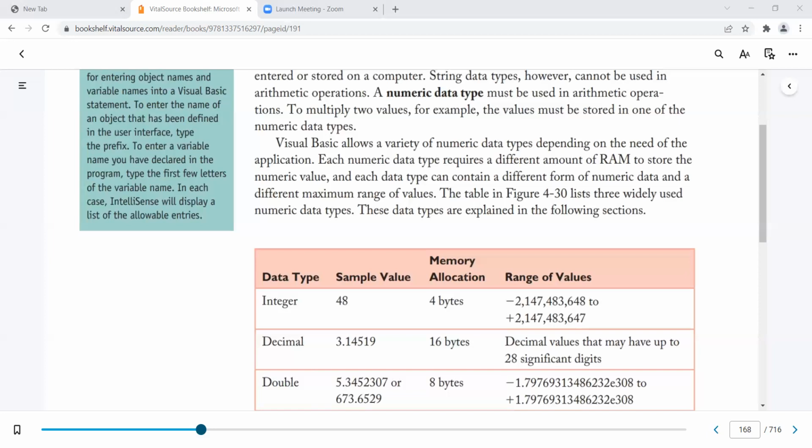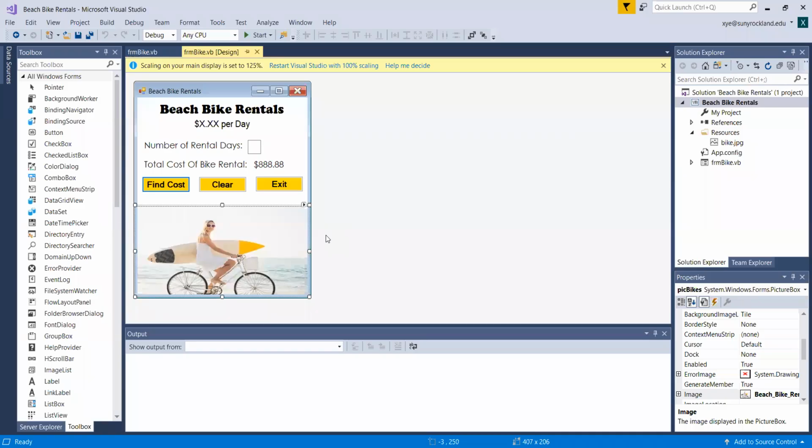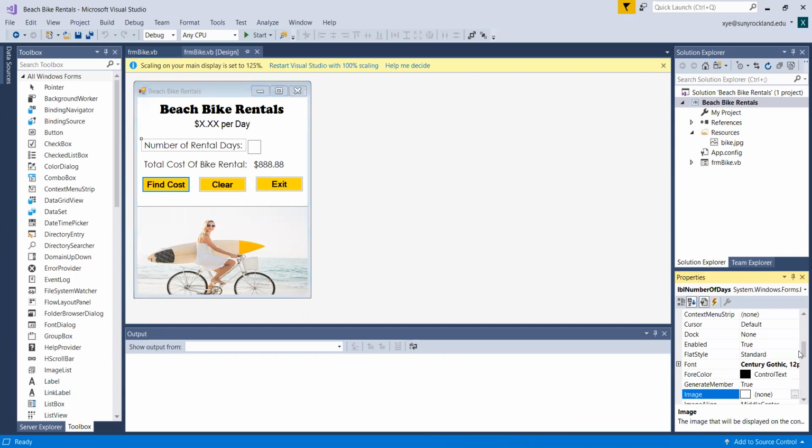And also keep in mind, once you have this user interface finished, you just have to manipulate the properties. If we use a label, all the text we display is in the label's text property, and this should be string type.